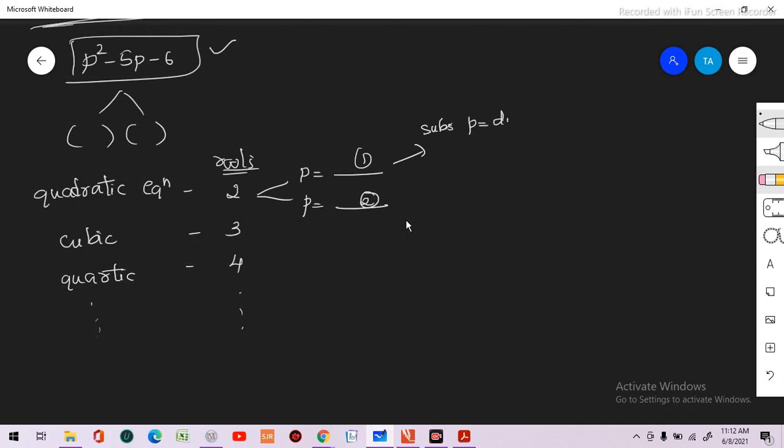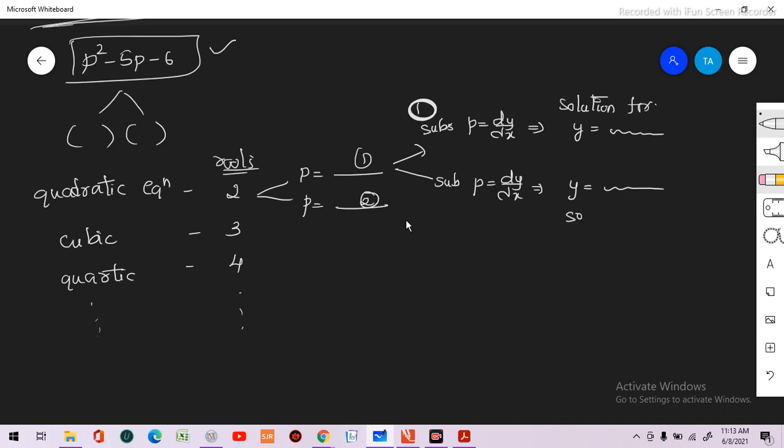What is our p value? dy by dx. Then we will get the solution for y. This is for the first root. Here also we will substitute p is equal to dy by dx and solve for y, and we will get some value. That is also one more solution.